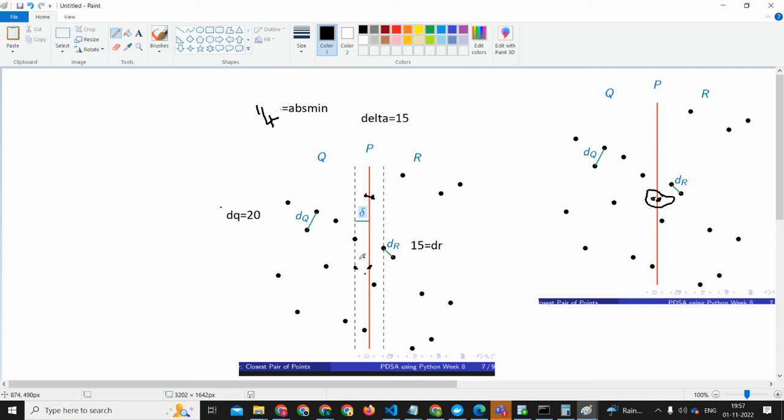It should be smaller than this point. It cannot be less than DQ, because DQ is the minimum among all the points, right?